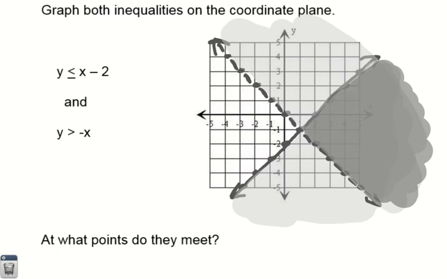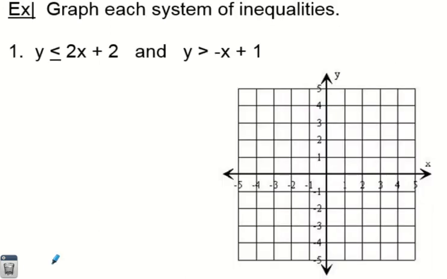You could almost argue that you should erase this. But again, if you can graph one of these things, you can graph two of them. Easy peasy, lemon squeezy.